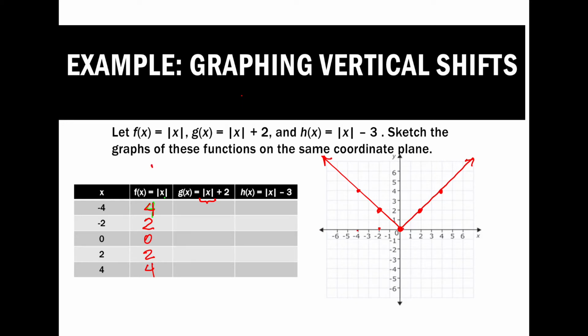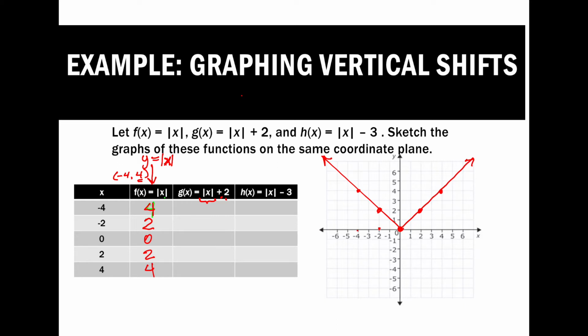This is my list of y outcomes, my y being equal to the absolute value of x. So in other words, for this first one, that positive 4 was the y outcome of substituting negative 4. So when we're adding 2 to that, we're really saying, okay, the outcome is going to be increased by 2. The y outcome is going to be increased by 2.